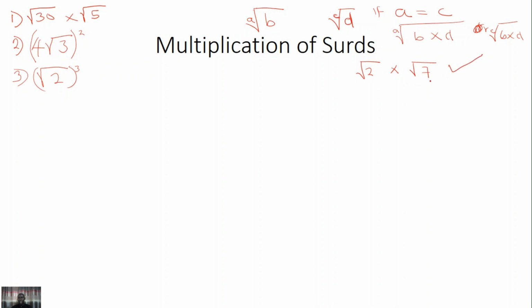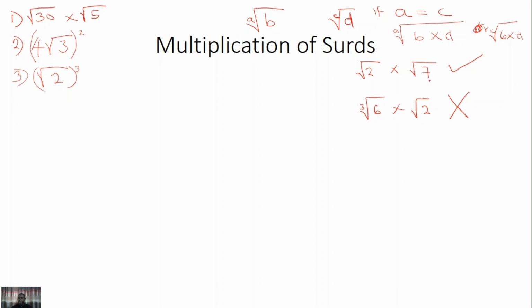Okay? Now, if you have cube root of 6 times square root of 2, this cannot be multiplied together because this cube root and square root cannot be multiplied together. For you to be able to multiply them, these roots must be the same.